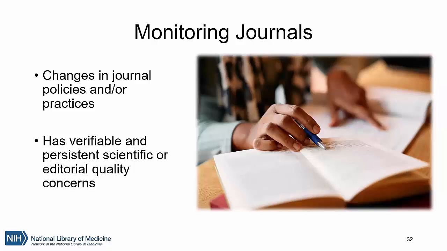The reevaluation process will largely look the same as the journal selection process for new titles. If the publisher is no longer meeting best practices, then we may decide to not collect titles from the publisher going forward. But it is important to note that if a decision is made to no longer collect a title in Medline or PMC, the records already publicly available will remain publicly available for archival purposes.